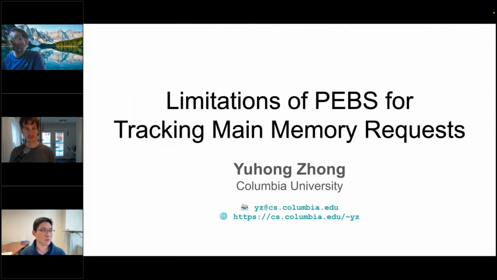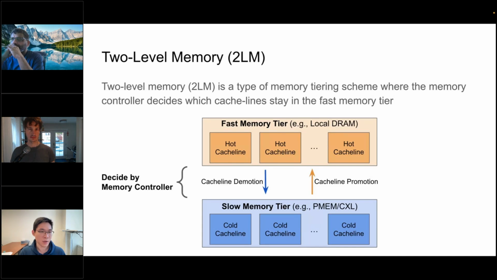So today I will talk about the limitation of PEBS when using it to track memory requests for a specific type of tiered memory, and also how this generalizes to other types of tiered memory. The specific type of tiered memory we were looking at is called two-level memory.